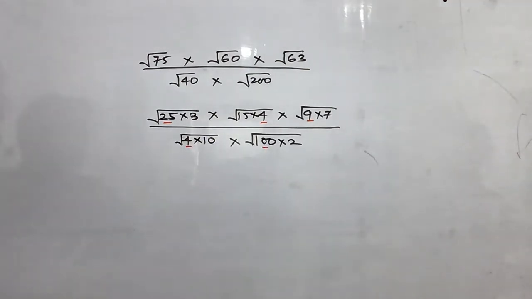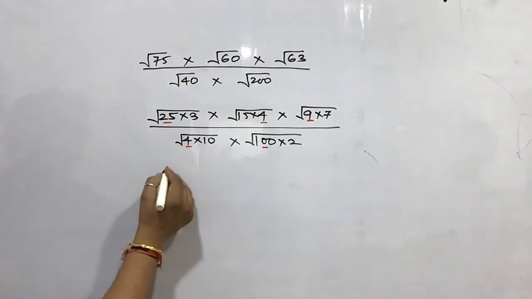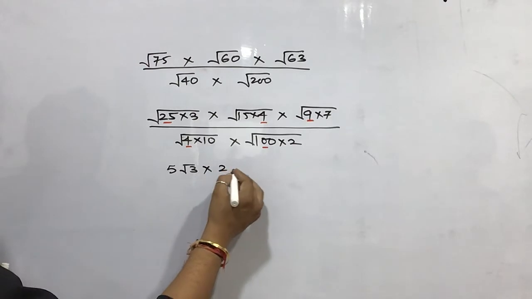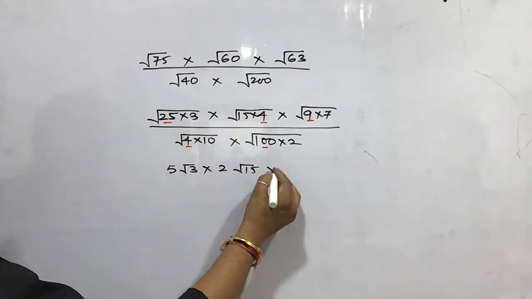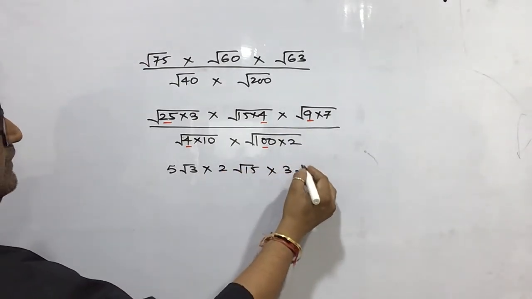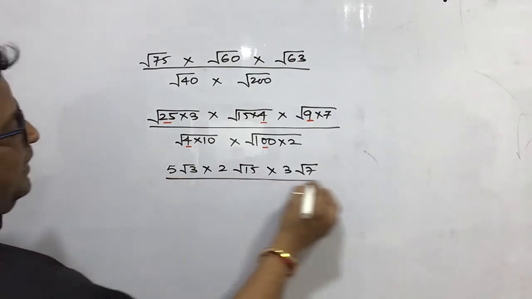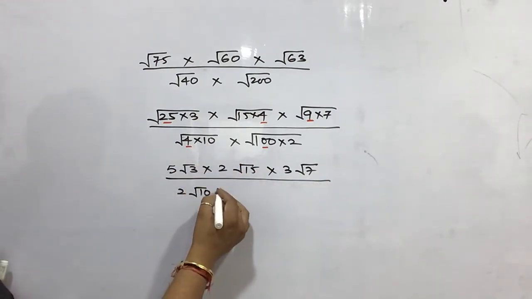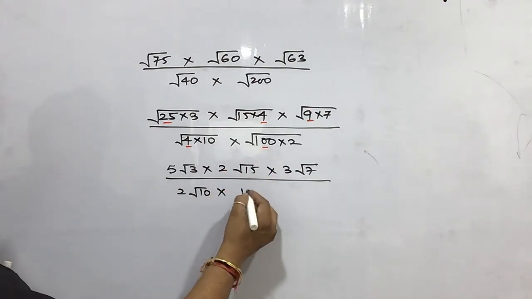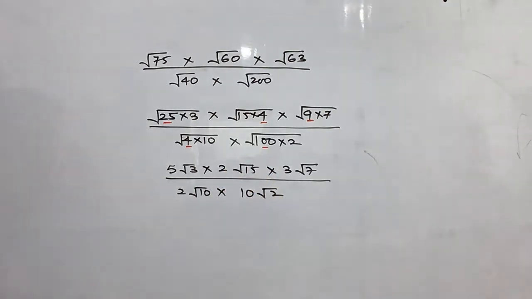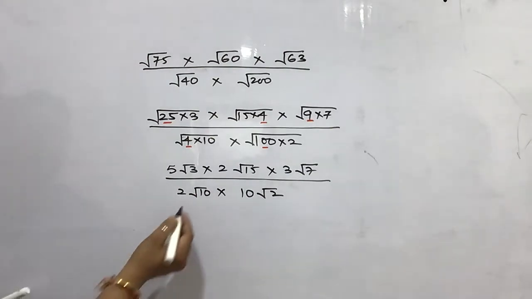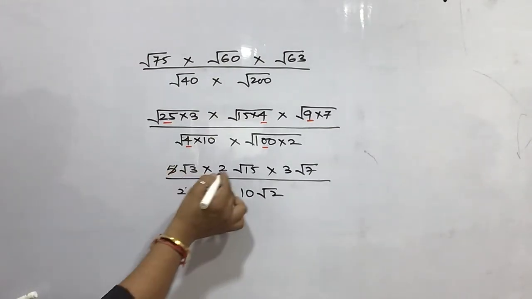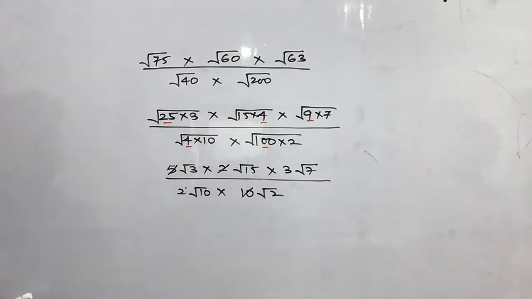So by taking these perfect squares, I can write this as 5 root 3, I can write this as 2 under root 15, and I can write this as 3 under root 7. In the denominator, this is 2 under root 10, and this one is 10 under root 2. Here you are seeing that I can cancel this, 5 into 2 is 10, 10 cancels.